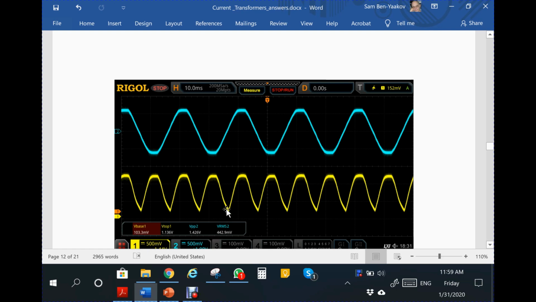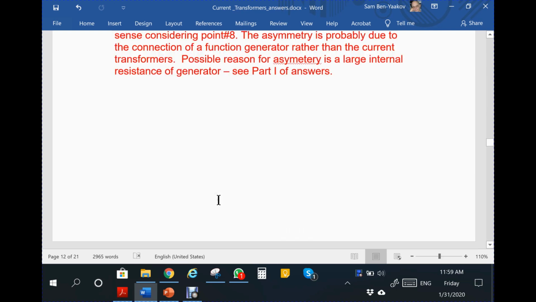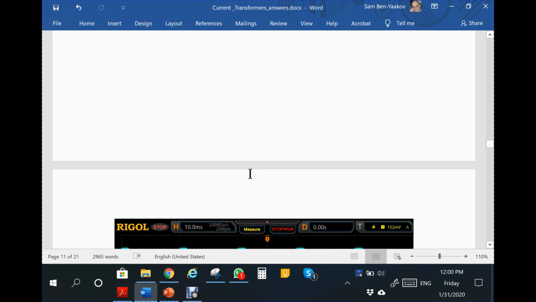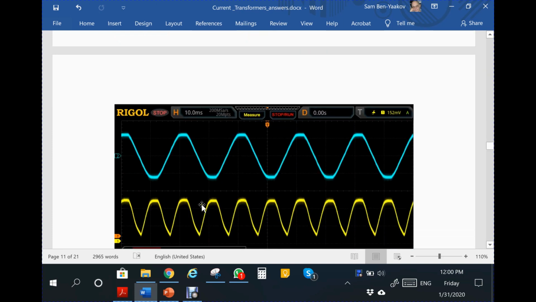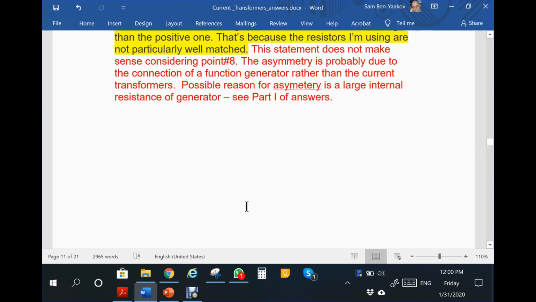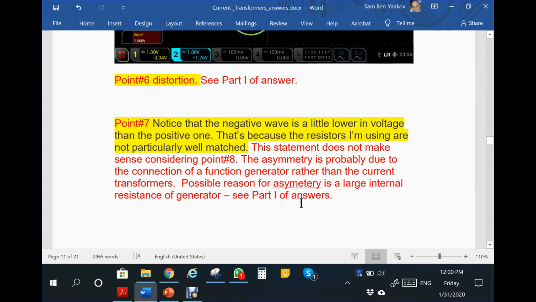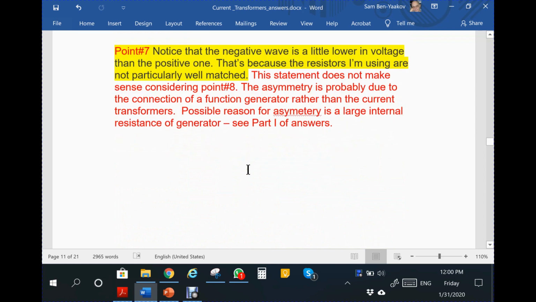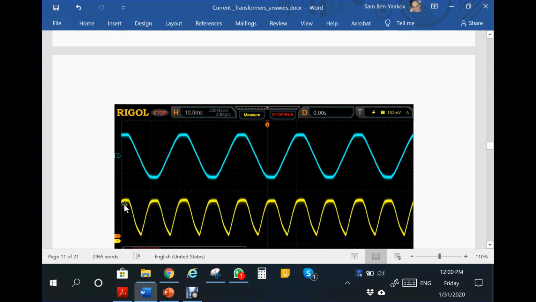In fact, the magnitude here is actually even lower than the magnitude here, so you can't say it's a matter of maybe clamping. And so how come that in this case the resistors, which are apparently not matched, are causing this difference, while in this case they don't?